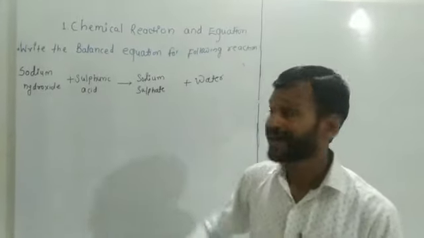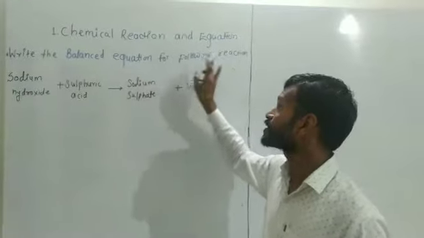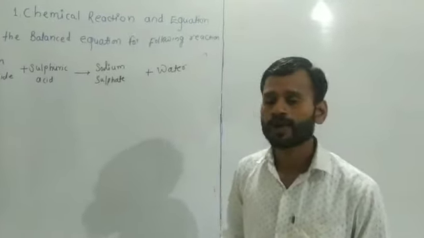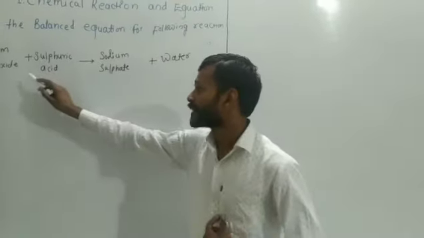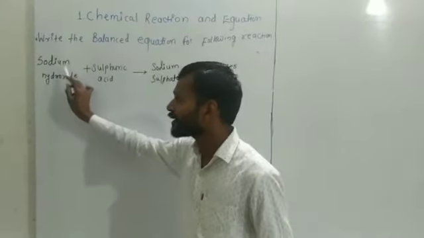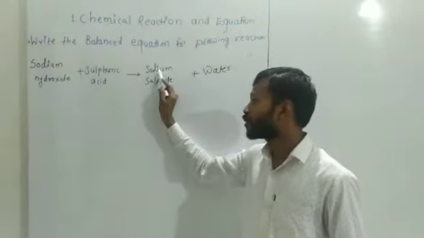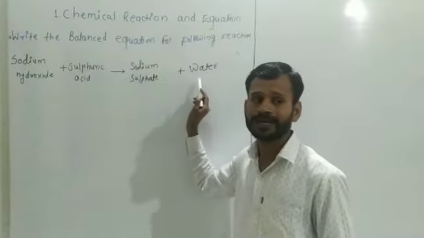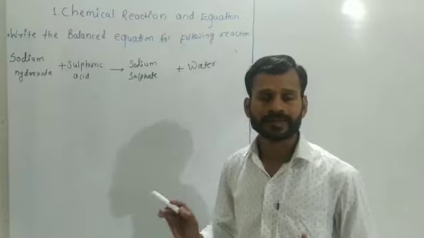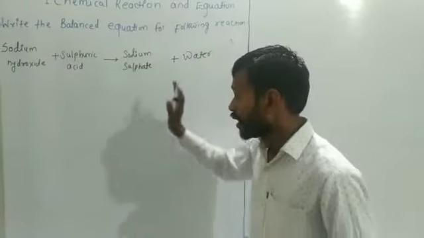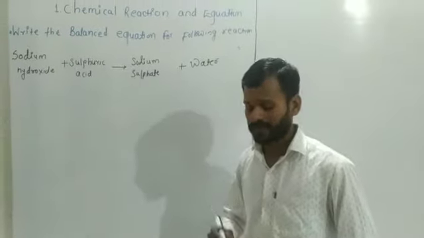The question is: write the balanced equation for the following reaction. The reaction given is sodium hydroxide plus sulfuric acid forms sodium sulfate plus water. This is our question.